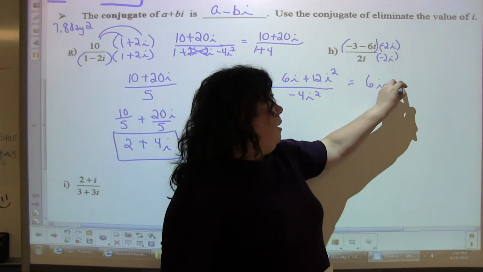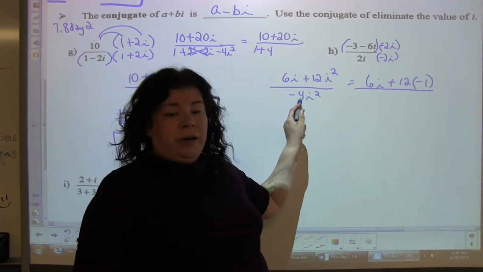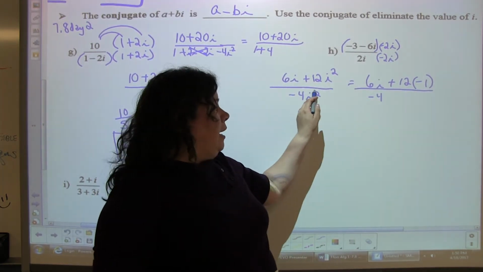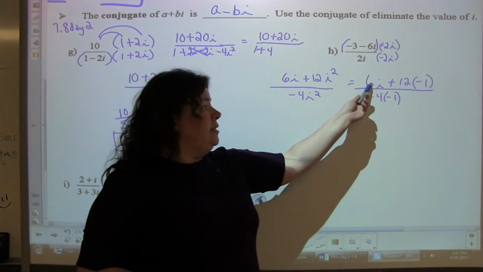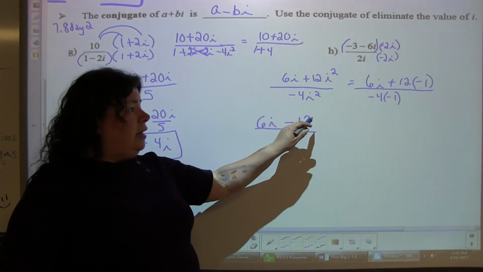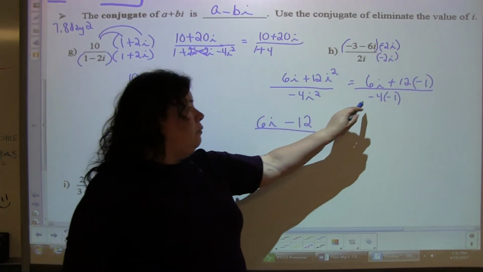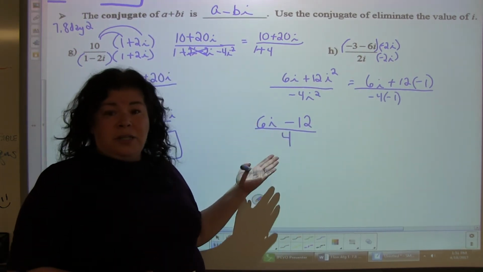So it's like we have 12 times negative 1. And in the denominator, we have negative 4 times, again, i squared is negative 1. So what happens then, in the numerator, we actually have negative 12, and then we have positive 4 in the denominator. From this point, our denominator is real.